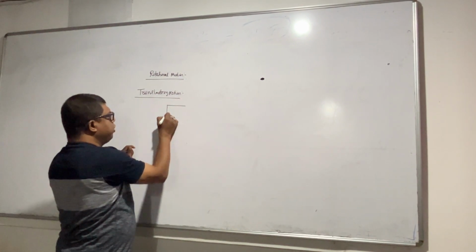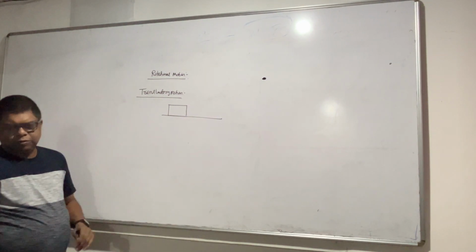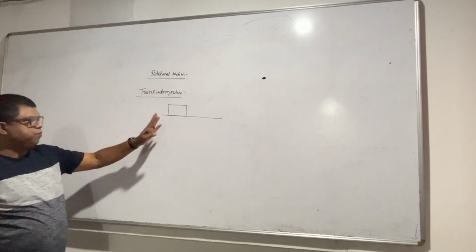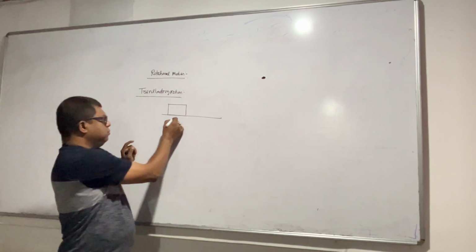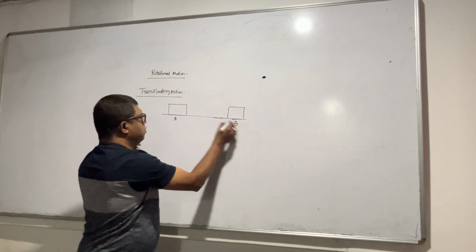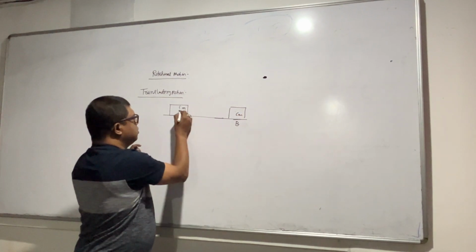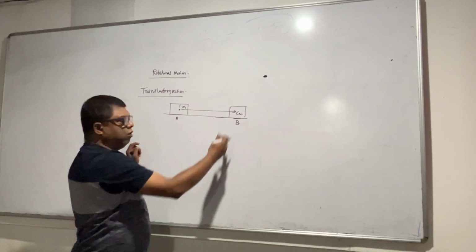Suppose a body shifts its position from A to B. That is, its center of mass moves along this straight line.